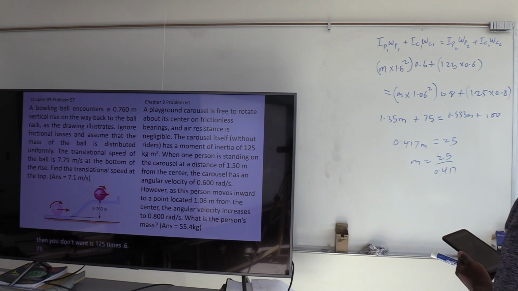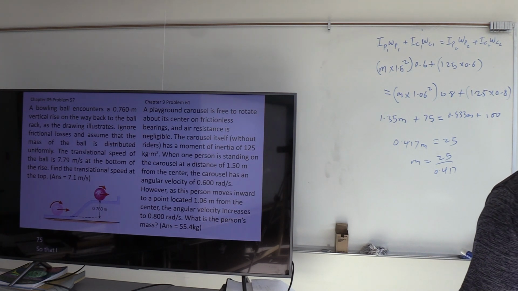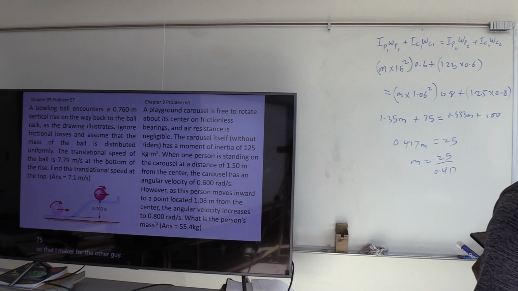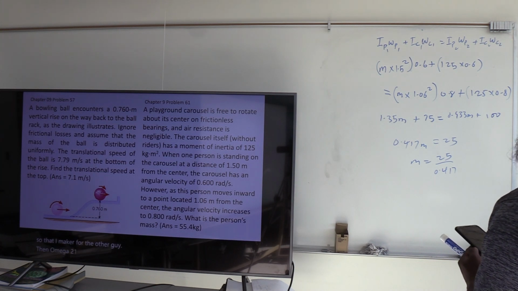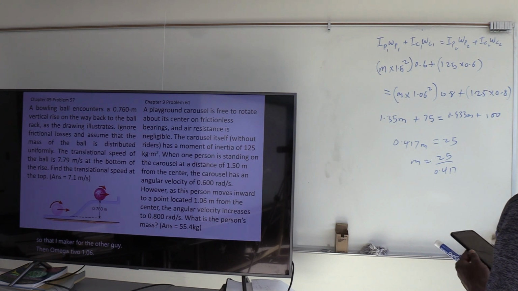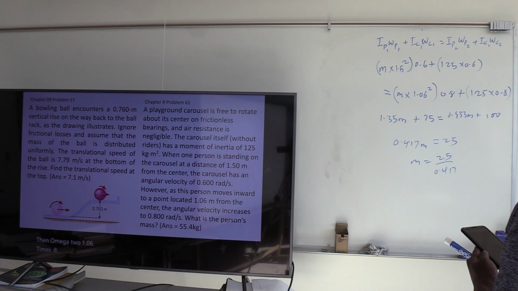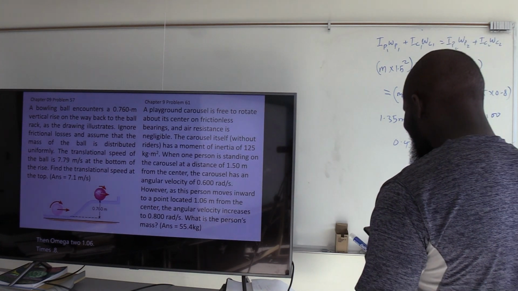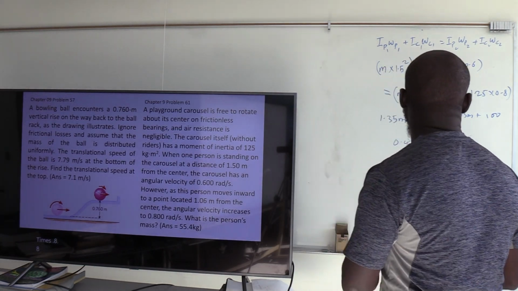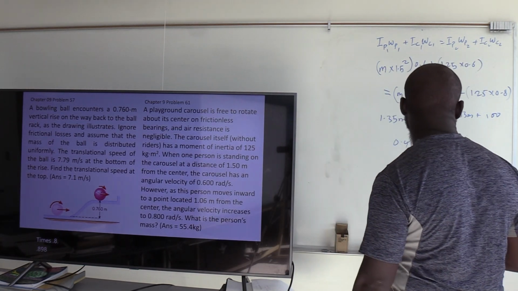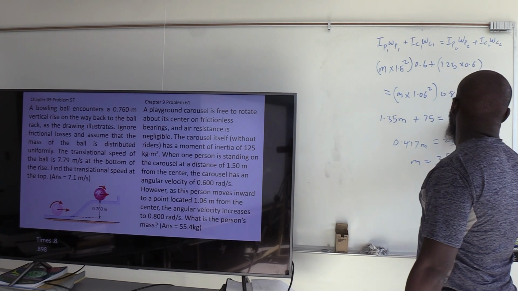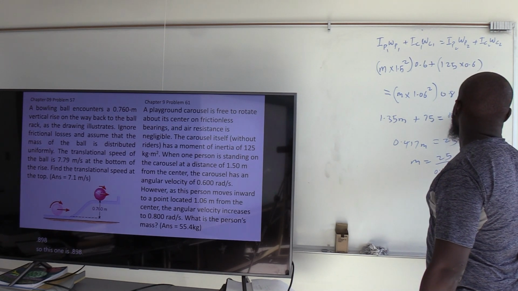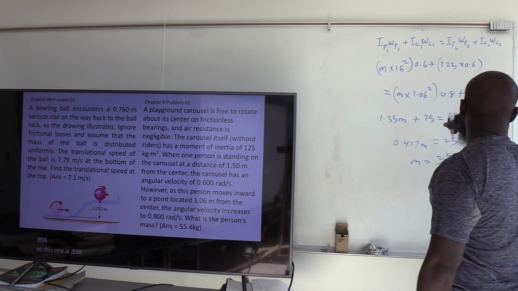So that's I omega for the other guy. Then omega 2: 1.06 times 0.8 gives 0.898, or 0.899.